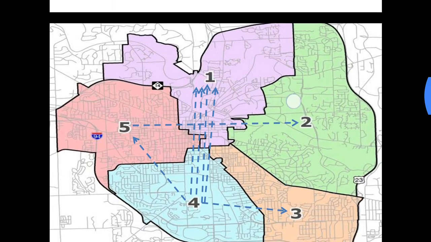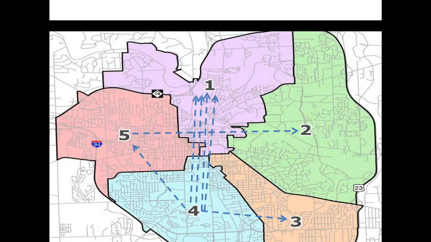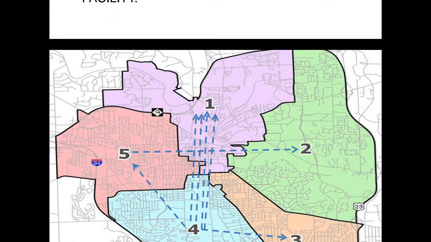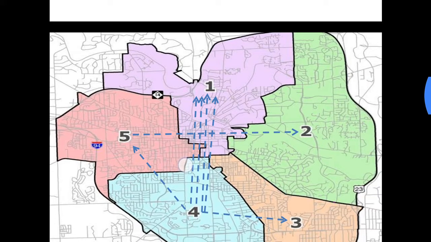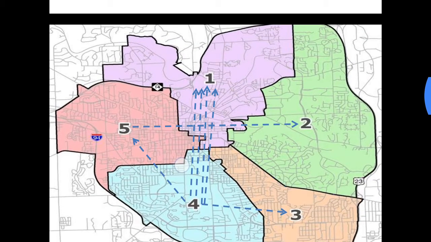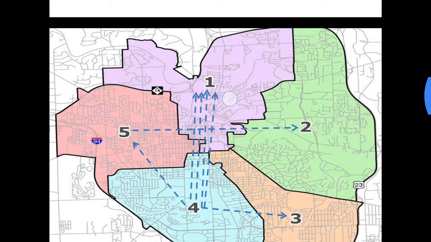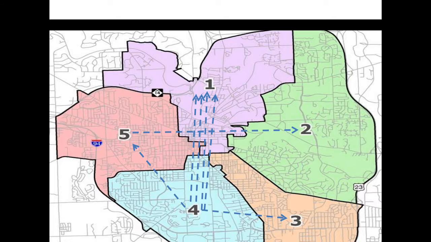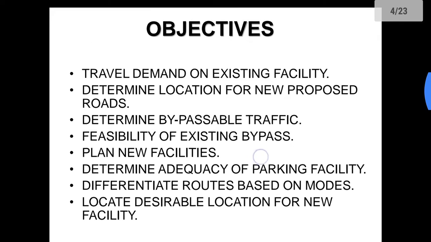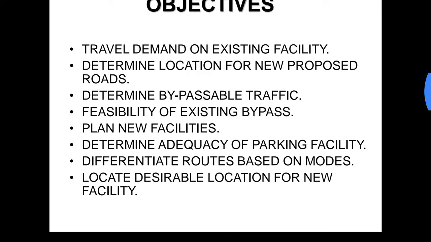There might be a road present connecting 4 to 5, and then 5 to 1. Now this would be inefficient for the road users, as they would have to travel long distances to reach their destination. So using this origin and destination data, we can determine location for a new proposed road.